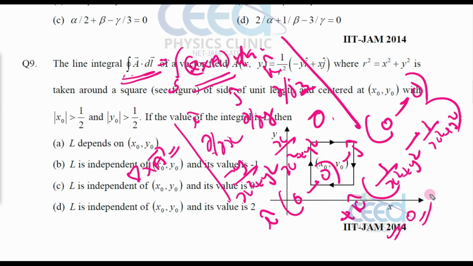So del cross A is equal to 0, that means, so this is minus j cap into, k cap into, that is 1, so this will be plus, right? So it won't be 0, all right? Yeah, here minus y by x square plus y square, and here x by x square plus y square, so I cap into 0 minus 0 minus j cap into 0, and this is 0.